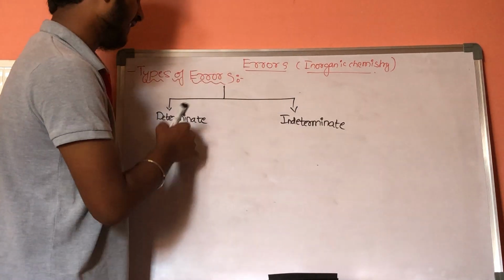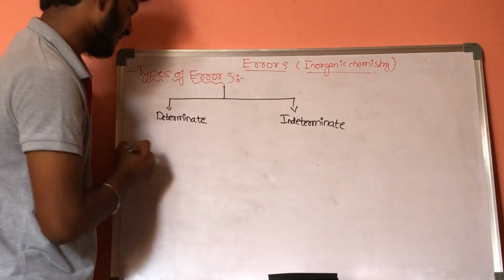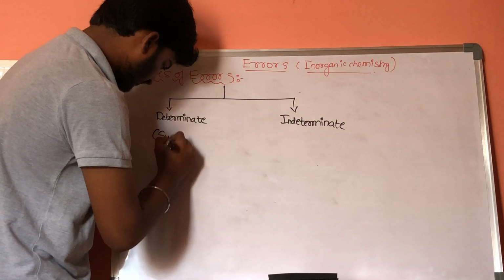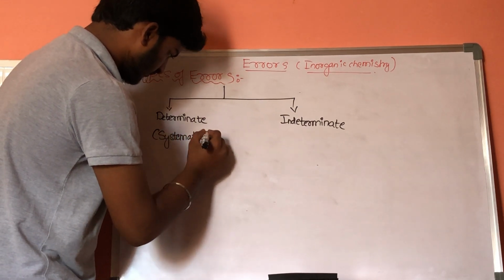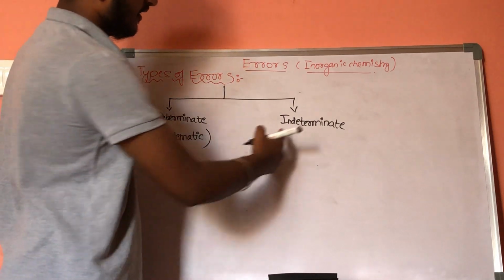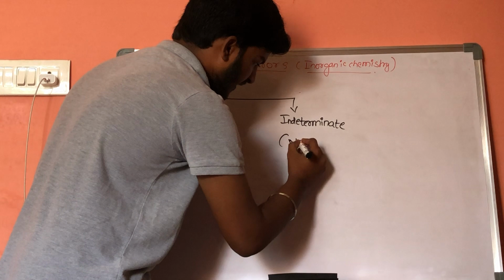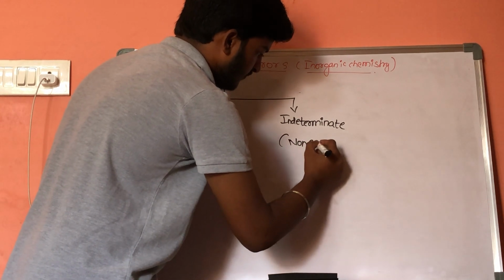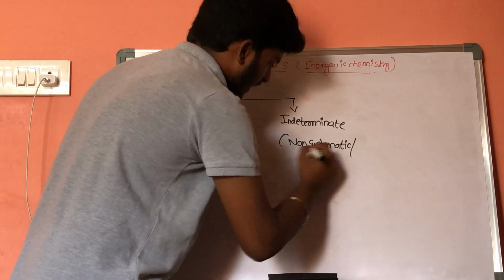One is determinate error while the other one is indeterminate error. These determinate errors are also called systematic errors. These indeterminate errors are also called non-systematic errors or random errors.